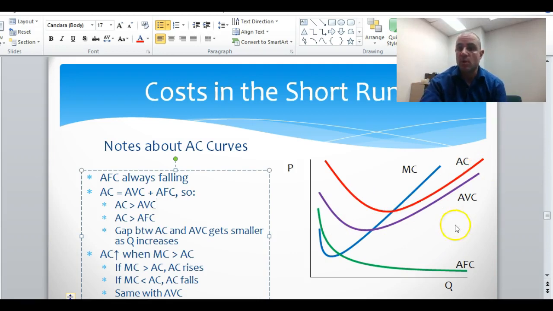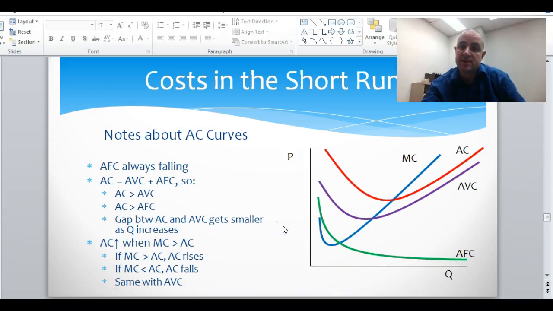The reason is that, again, to get the average total cost, it's average variable plus average fixed. And if the average fixed cost is always getting smaller, the average variable is going to make up a larger portion of that average total. And so it's going to get closer and closer.